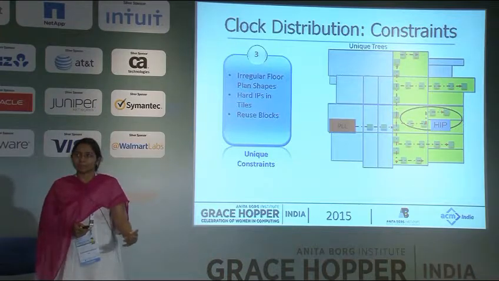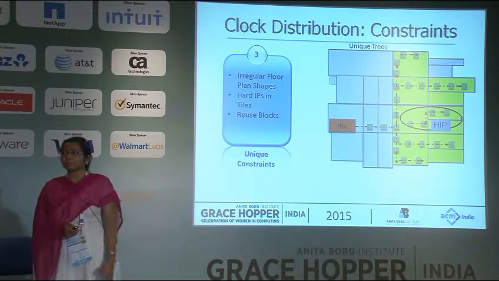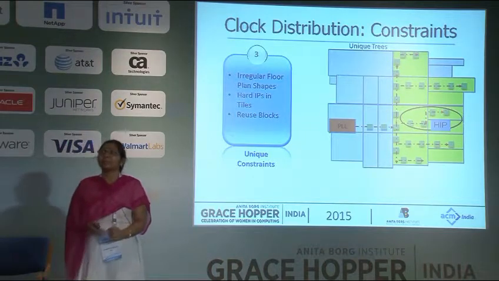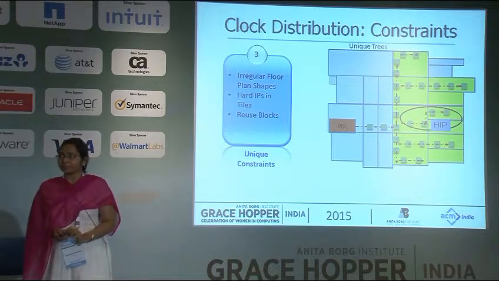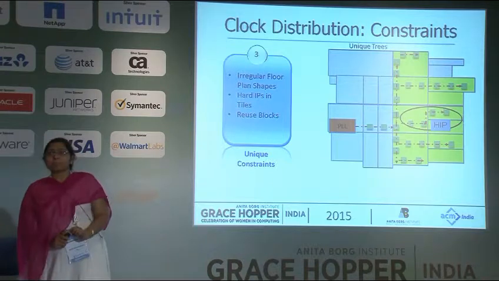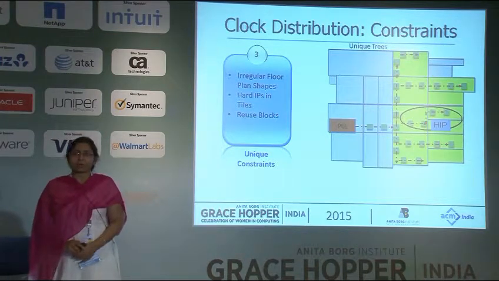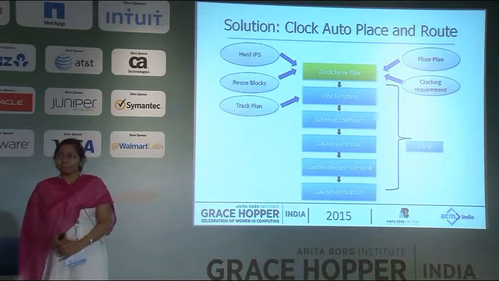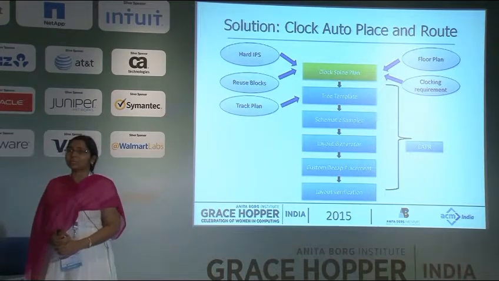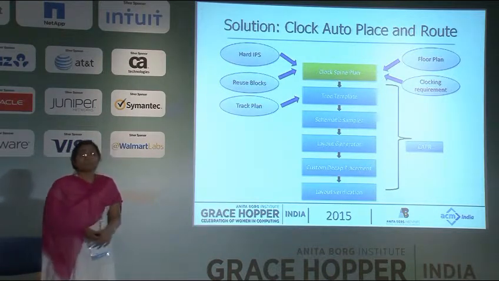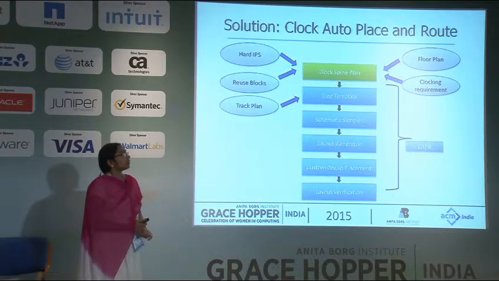So this makes resources a challenge, and not only resources: there will be hectic schedules, overlapping of cells and a lot of other things. To overcome all these challenges, a clock automation is used, which was designed by ourselves to overcome all the challenges we discussed earlier.